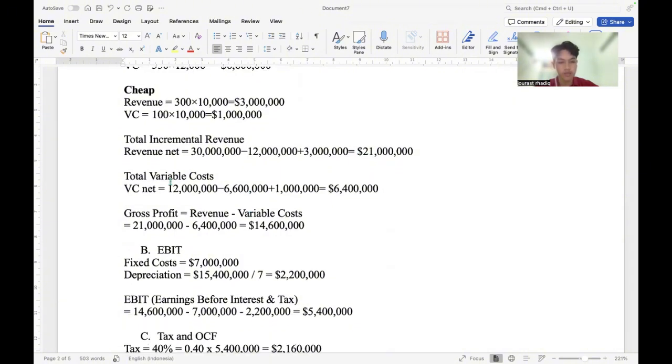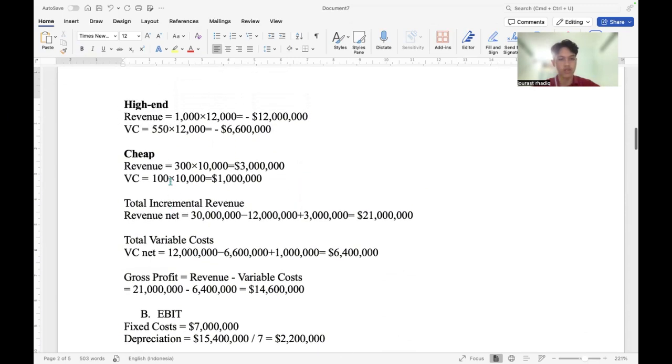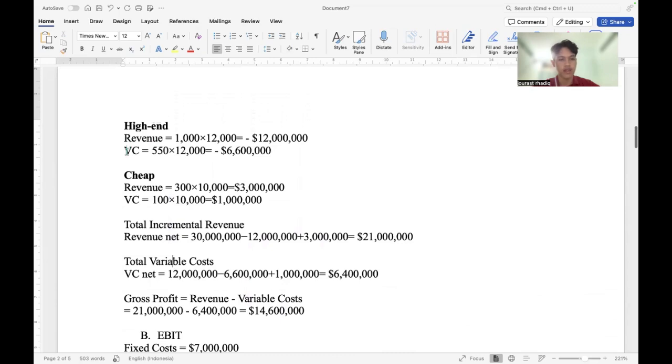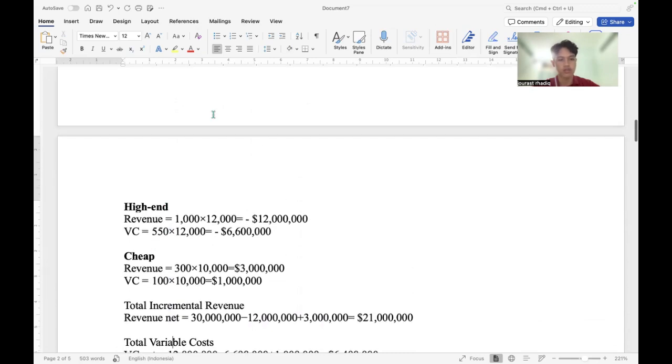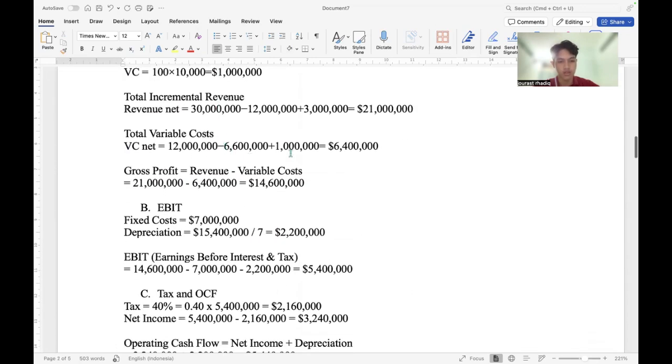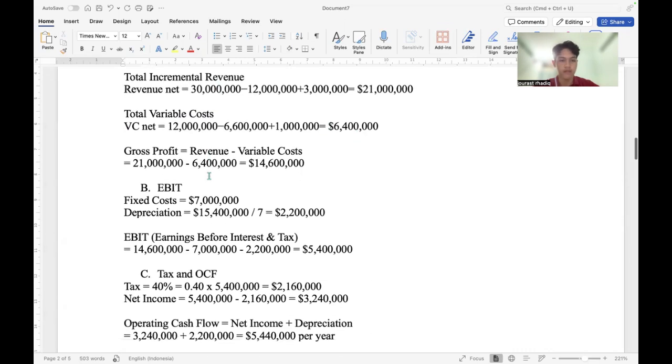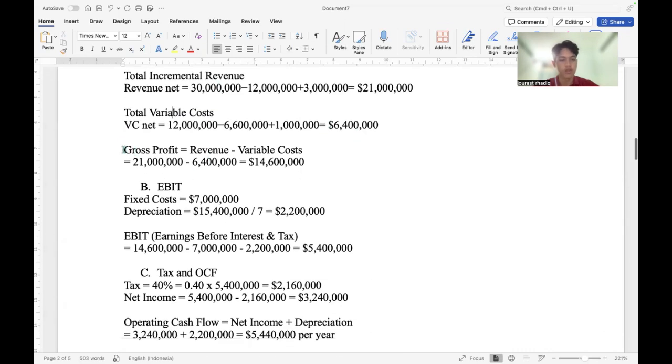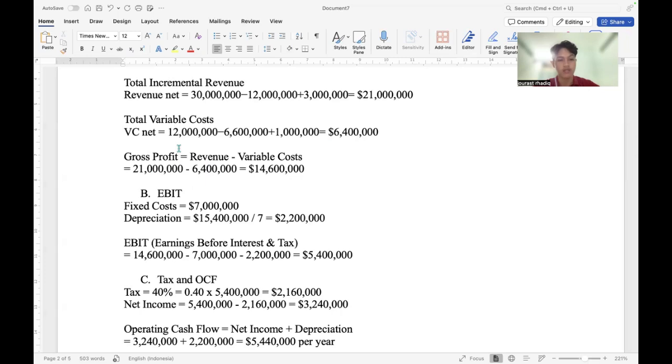And the total variable cost, the same. We add all the variable costs from this. We get total 6.4. Now we are going to calculate the gross profit, which is revenue minus variable cost.